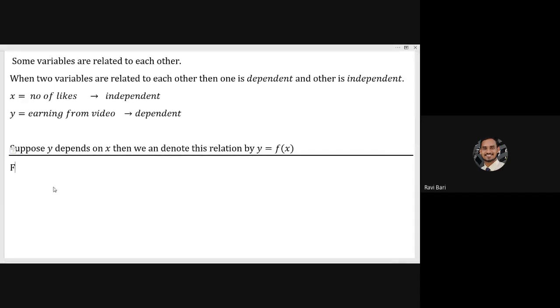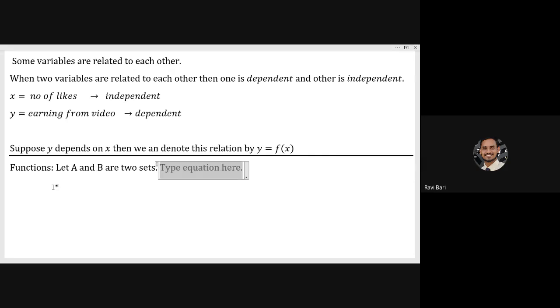So now we will start with functions. Suppose A and B are two sets.